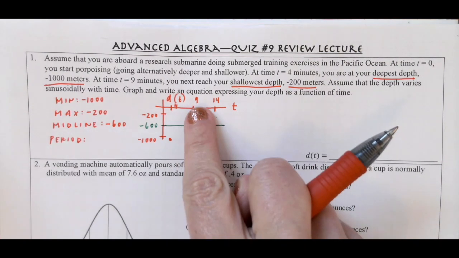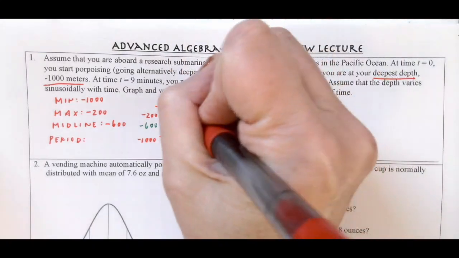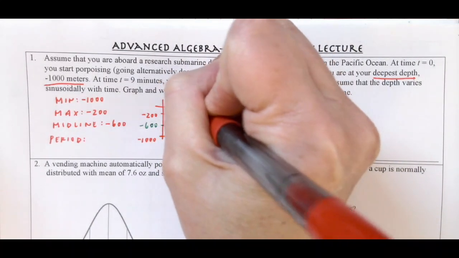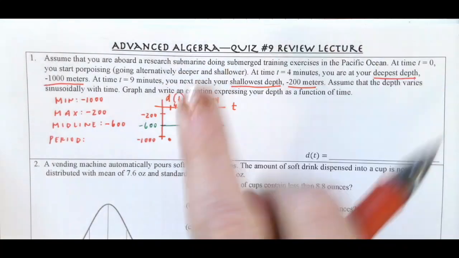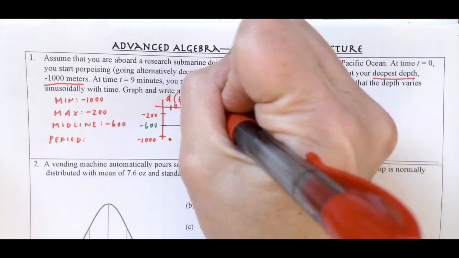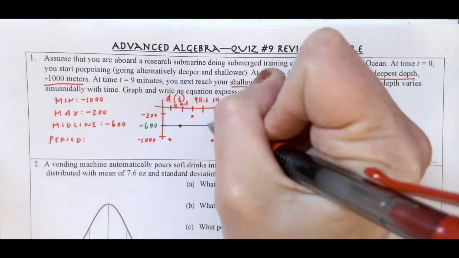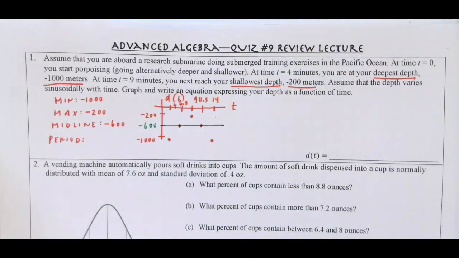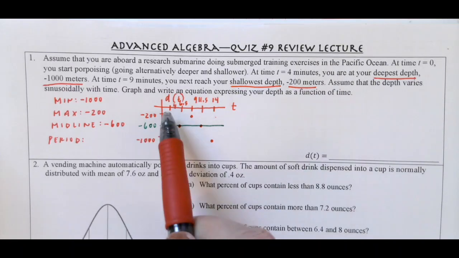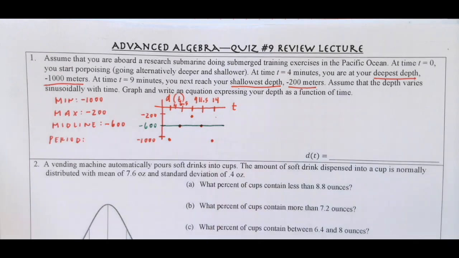So 4 + 9 divided by 2, 13 divided by 2, I'd have a little notch here at 6.5. And same thing here. Average the 9 and the 14, 11.5. So here I'd be back at the midline. From 4 to 14 minutes, we run through one whole cycle.